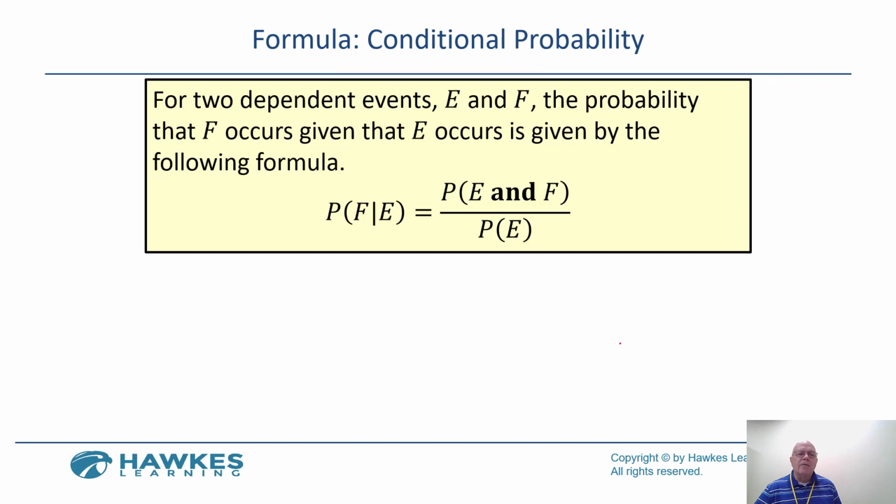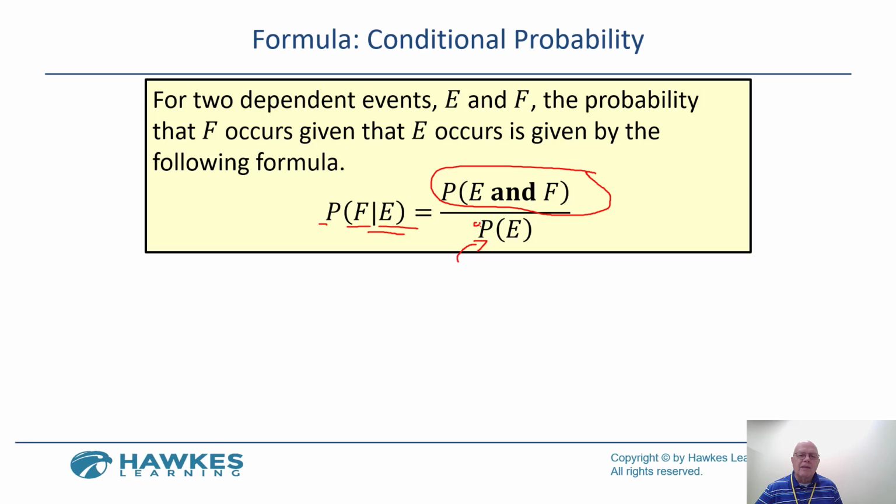This is another way of looking at that. Remember, this is the probability that this happens if this has already happened. If that's what you want, then you can take the probability that both happened, divide by the probability that E has already happened.